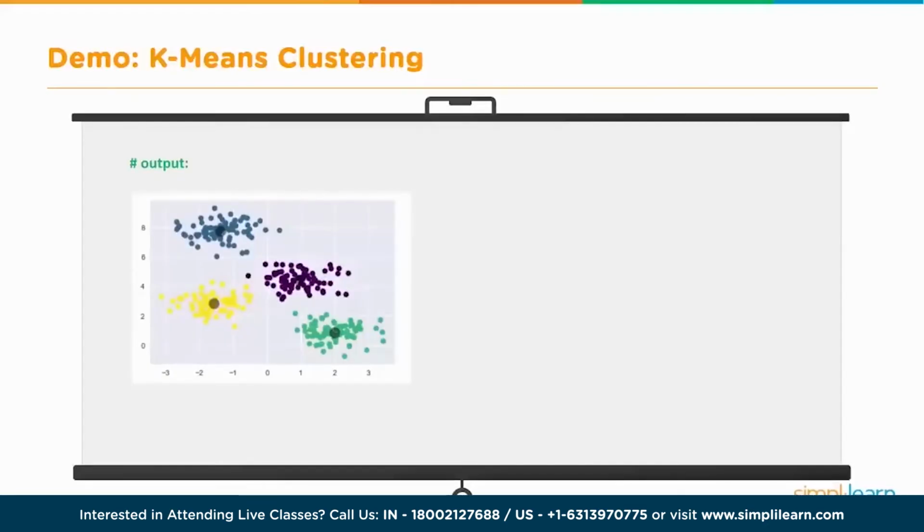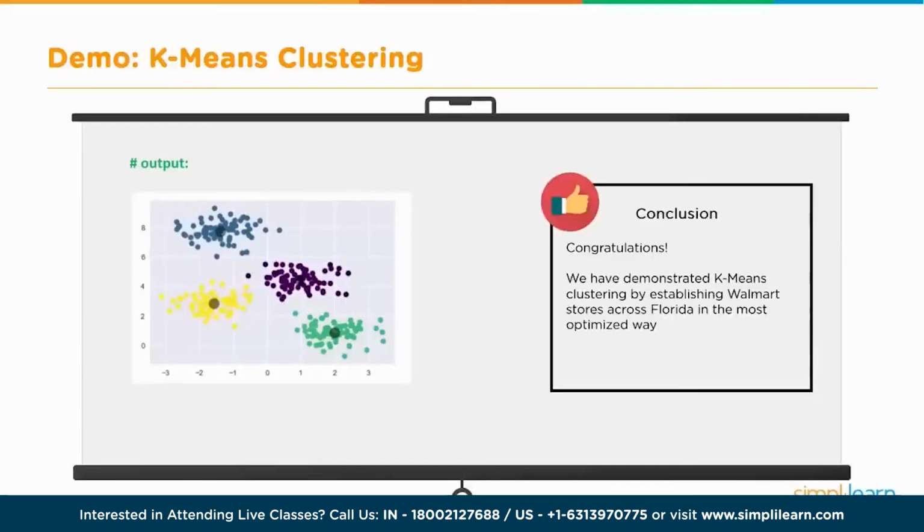So we have 4 distinct clusters, and we can say that this is how the population is probably distributed across Florida state, and the centroids are like the optimum location where the store should be. So that's the way we determine the best locations for the store, and that's how we can help Walmart find the best locations for their stores in Florida.